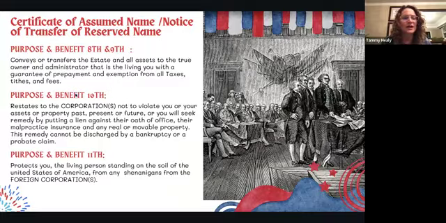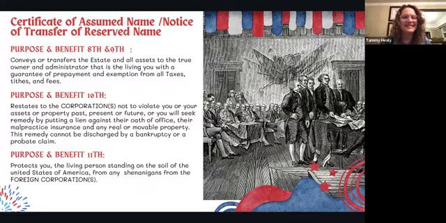Conveys or transfers the estate and all assets to the true owner and administrator, that is the living you, with a guarantee of prepayment and exemption from all taxes, tithes, and fees. And this is why these documents, the 928 documents, is important, especially if you are sending in your revocation of election to pay taxes, okay?